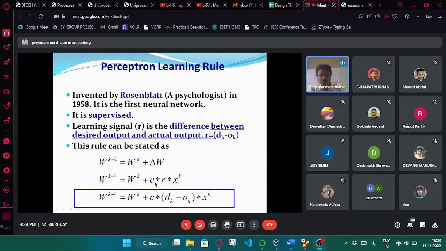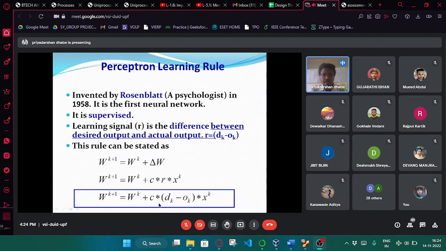So the final weight updation in the perceptron learning rule can be done this way. I can calculate the updated weight vector W of k plus 1 by using the old weight vector W of k plus this fraction, C multiplied by dk minus ok. This fraction is multiplied with every component of the input vector X provided at the k instance.